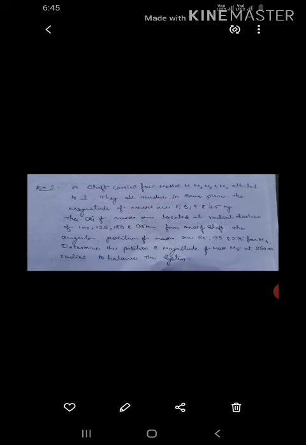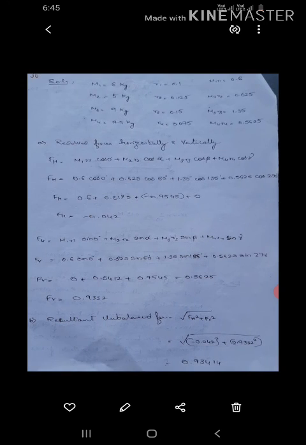So this is the question. This shows that it's several masses in a single plane, the same plane. So let's first write down the masses m1, m2, m3, m4.